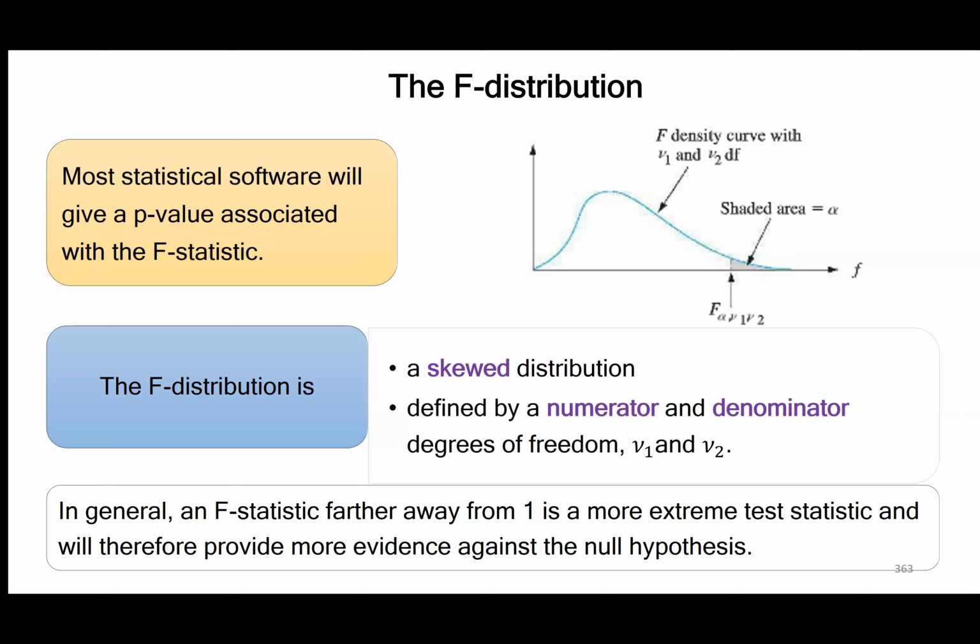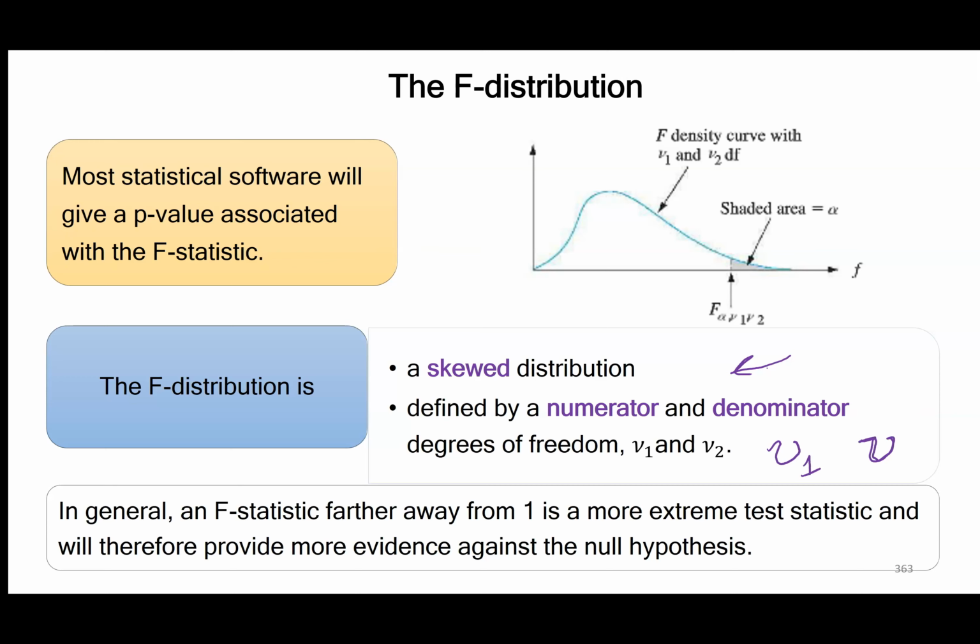So it's going to be skewed. It actually reminds me of the chi-square distribution a little bit, except it doesn't have one set of degrees of freedom, it has two. It has a numerator degree of freedom and a denominator degree of freedom. And these are Greek letters. I want to say it's nu 1 and nu 2. They look like funny V's.